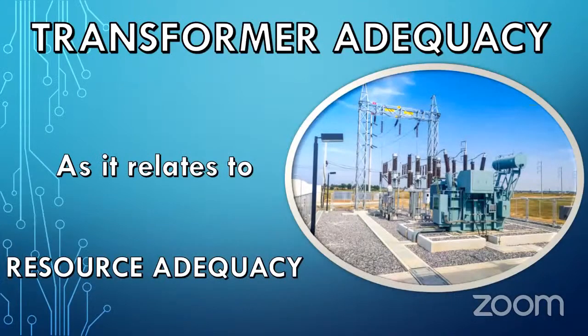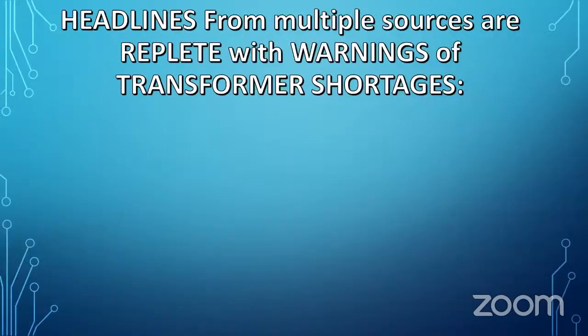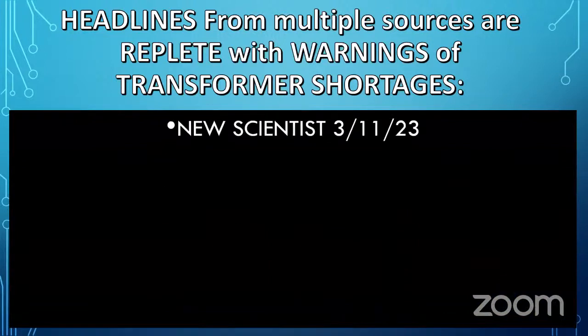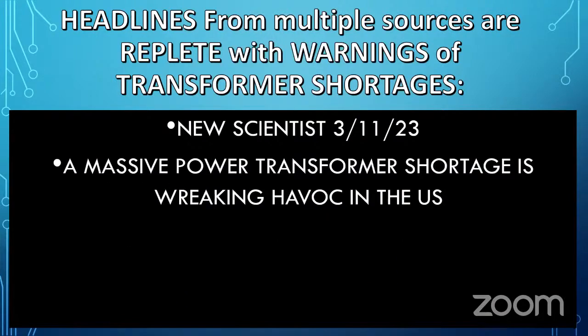So again, this talk is about transformer adequacy as it relates to resource adequacy. Headlines from multiple sources are replete with warnings of transformer shortages. There was one in the New Scientist, March 11th of this year: A massive power transformer shortage is wreaking havoc in the United States.